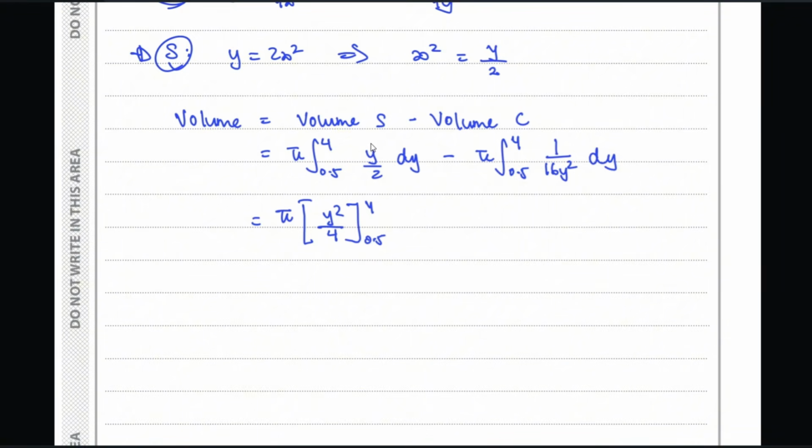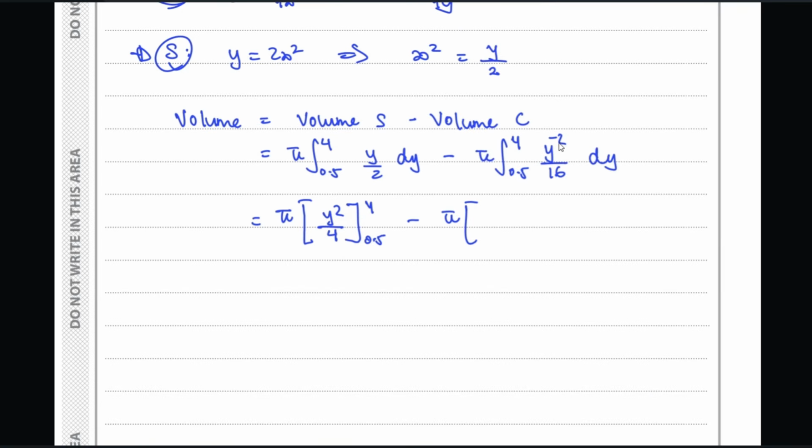So that's the integral for volume S. Subtract pi times the integral for volume C, where we need to change the form. We have 1 over 16y squared, which we can change to y to the power minus 2 over 16 so that we can integrate this easily.